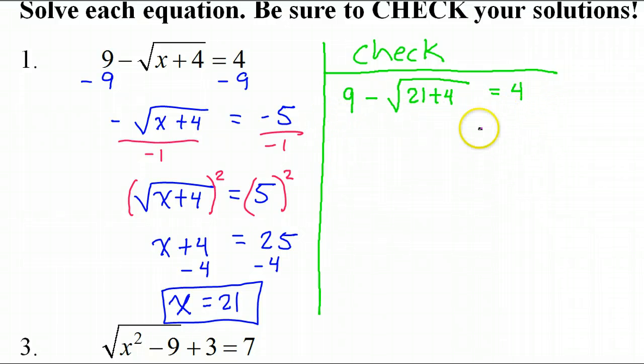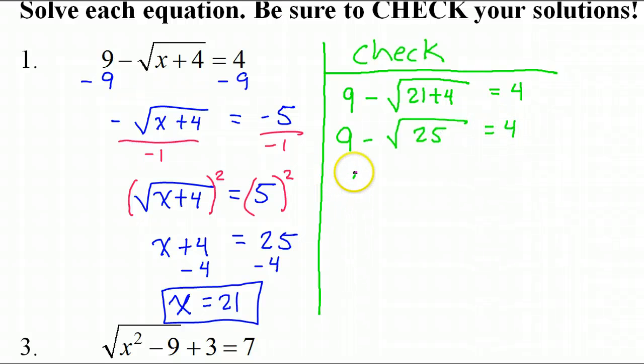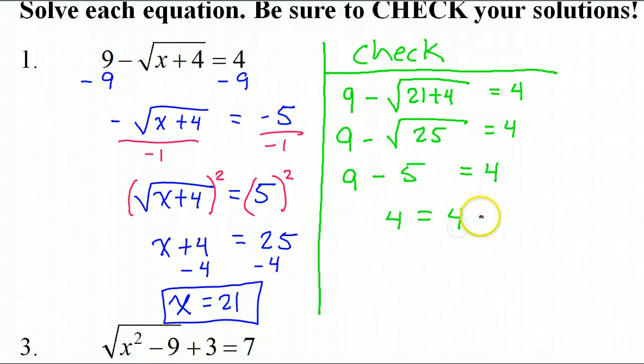And this has to make a true statement, so you just have to follow through. 9 minus the square root of 21 plus 4, that's 25. Alright, that's 9 minus, alright, square root of 25 is 5. Alright, and of course 9 minus 5 is 4. So 4 does equal 4, so that checks out.